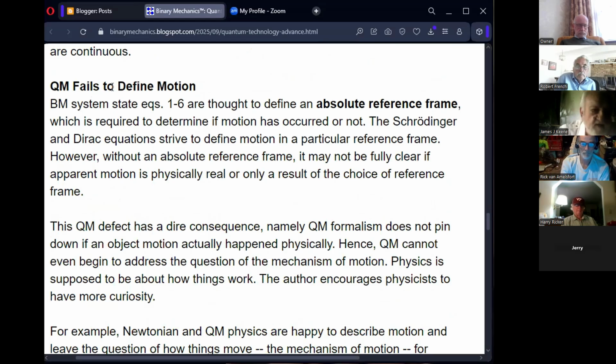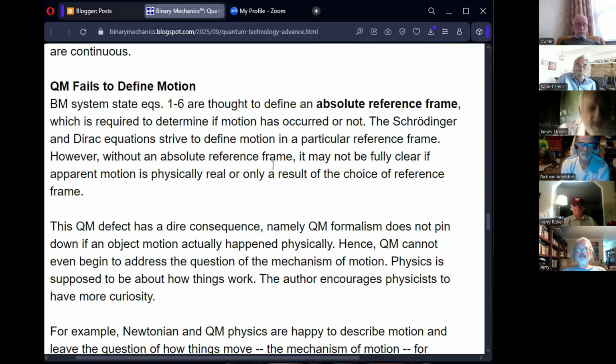Quantum mechanics fails to define motion. Binary mechanics system state equations 1 through 6, which are in the references, are thought to define an absolute reference frame. We have to think about this seriously, which is required to determine if motion has occurred or not. The Schrodinger and Dirac time development equations strive to define motion in a particular reference frame.